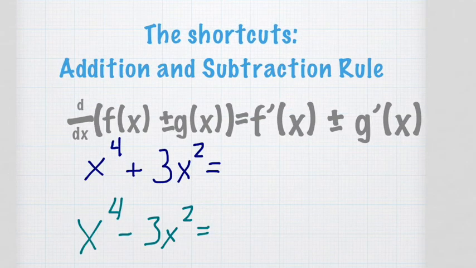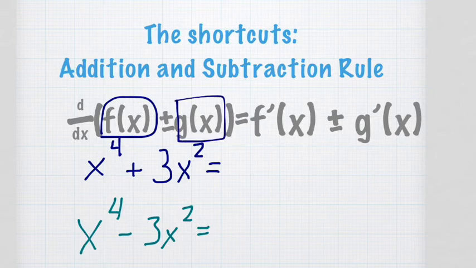Now, for the addition and subtraction rule, say you have some function f of x, and some function g of x, and you need to get the derivative of their sum or their difference, okay? All you're going to do is find the derivative of f of x, and then find the derivative of g of x, and add or subtract them as required. So, if you have x to the 4th plus 3x squared, you'd get the derivatives of each of those functions.